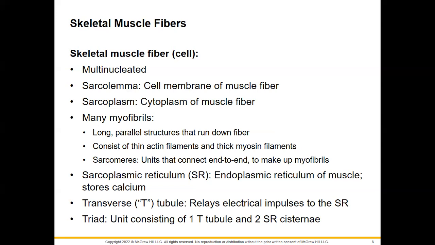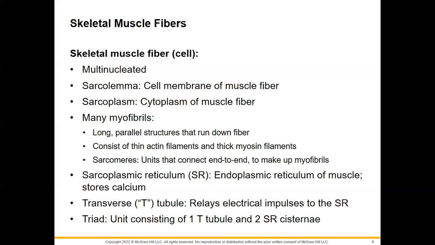Then you have your transverse tubules, or your T-tubules. T-tubules relay electrical impulses to the sarcoplasmic reticulum. Then you have your triad. Your triad consists of one T-tubule and two sarcoplasmic reticulum cisternae. A cistern is a structure that holds stuff.